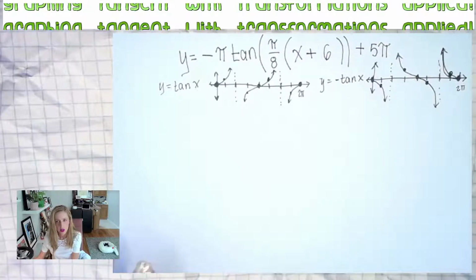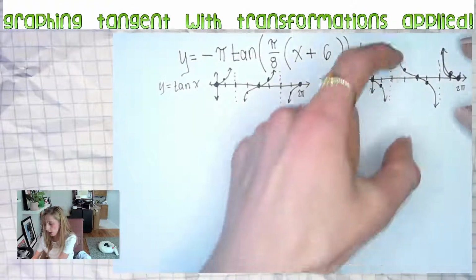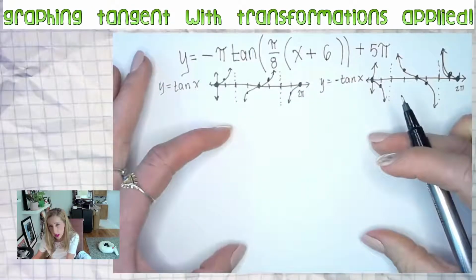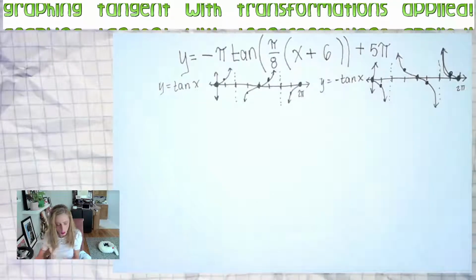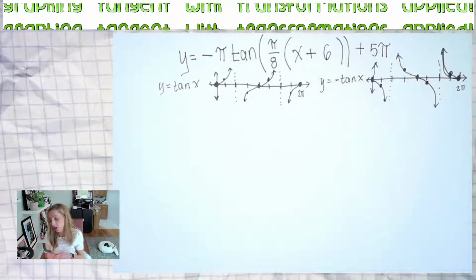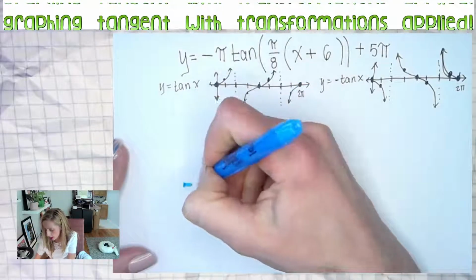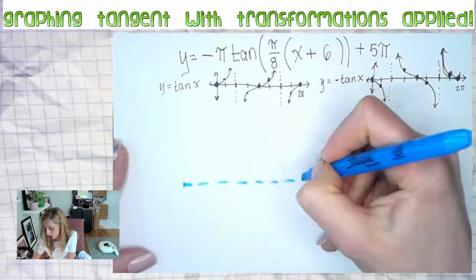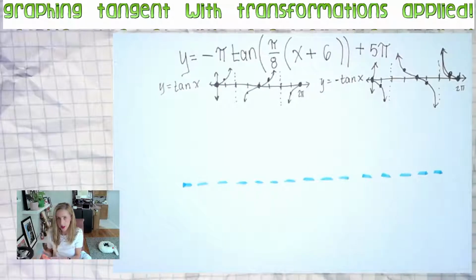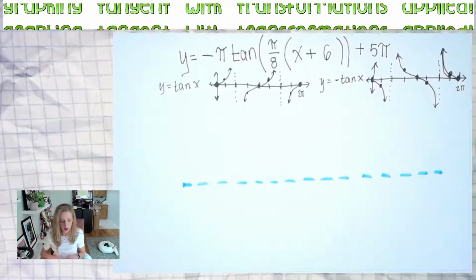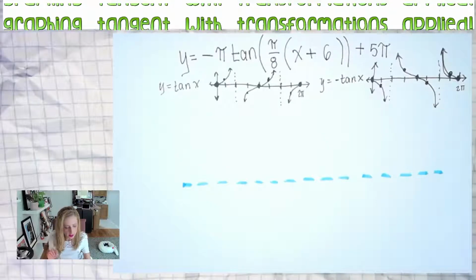Okay. Now that we have that sketched out, I know that my graph should have this shape, so I'm going to draw this blown up right over here, and then we'll fill in everything else like we usually do. What we did do differently is we put in our dashed sinusoidal axis through the middle of our graph first, because it gives us somewhere to plot the zeros, those middle points.